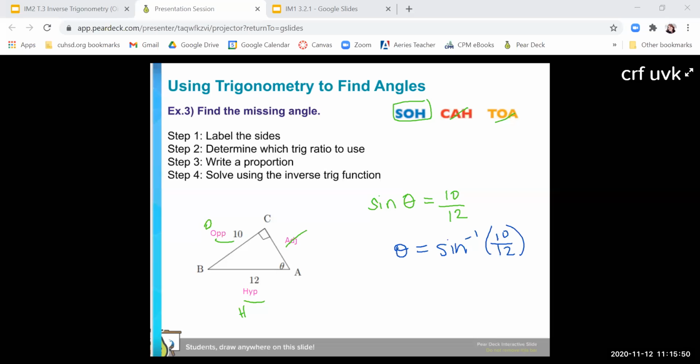So remember, you go from main over to func, click inverse sine, go back to main, and 10 divided by 12. You should get an angle of about 56.4 degrees.